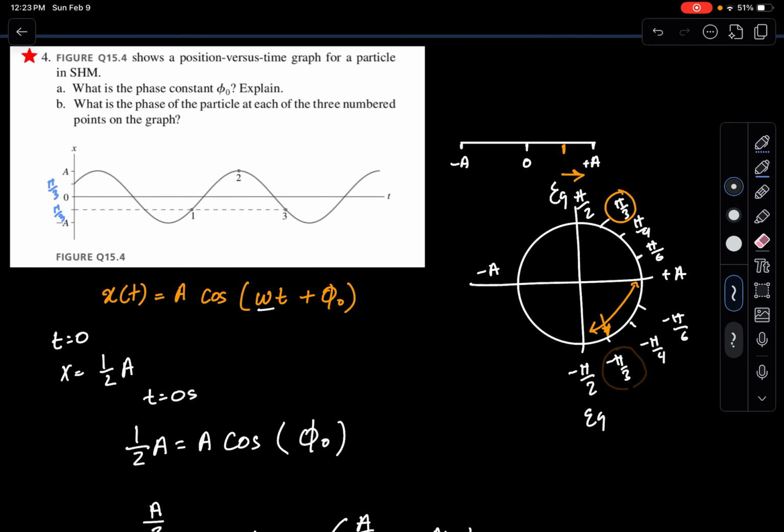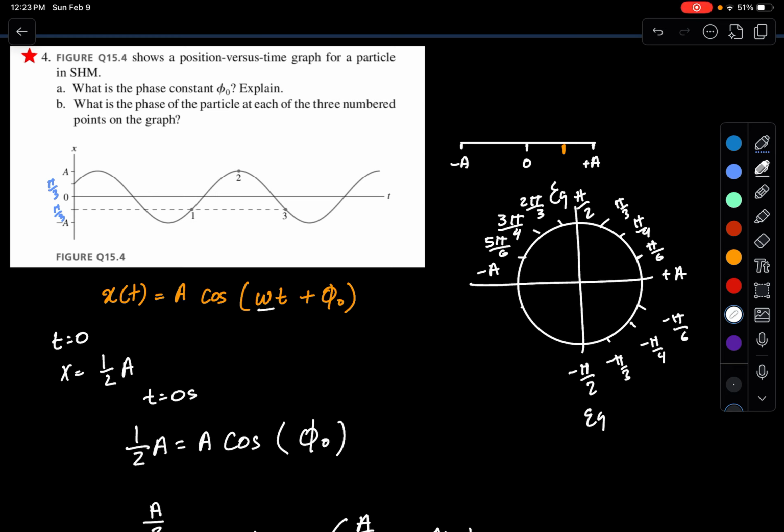Let me just clean it up a little bit. Perfect. And let's just complete our reference circle: 3 pi over 4 and 5 pi over 6. And here it's going to be minus pi over 6, minus 3 pi over 4, and minus 2 pi over 3.